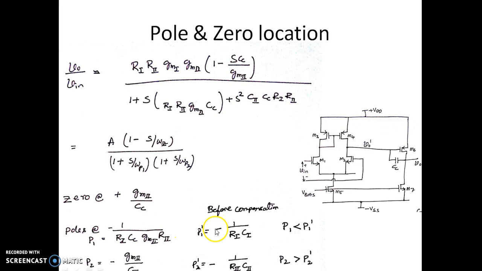So the pole position P1 dash, which is R1 C1, now you can see this C1 is now replaced by Cc into Gm2 into R2. Now this R1 remains the same. It is R1 into, instead of C1, Cc into the gain of the second stage.